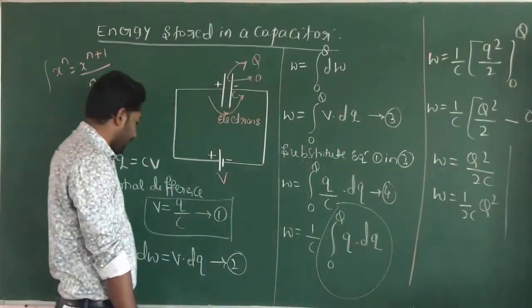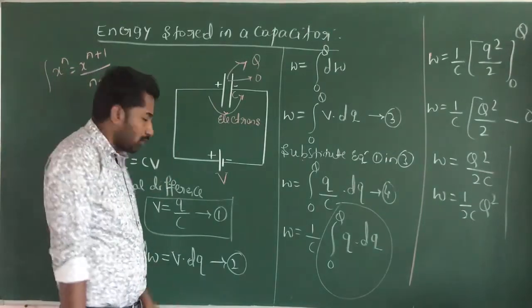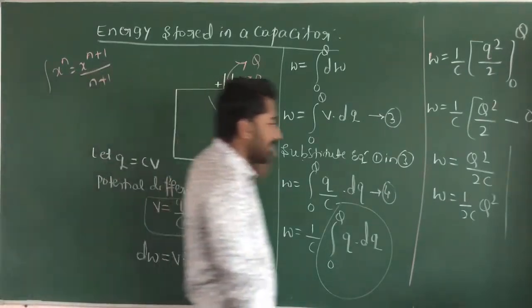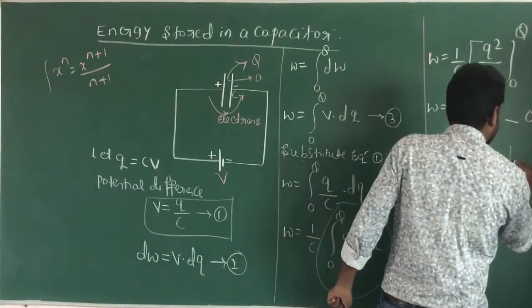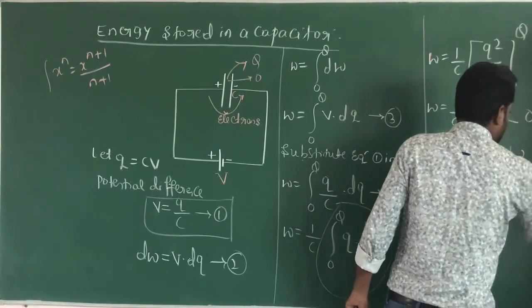But we know the formula Q is equal to C into V, the charge on this capacitor. Now we can write Q square is equal to CV whole square.